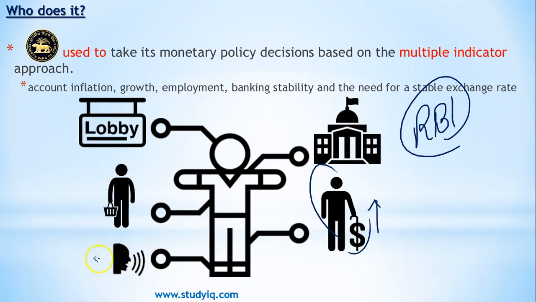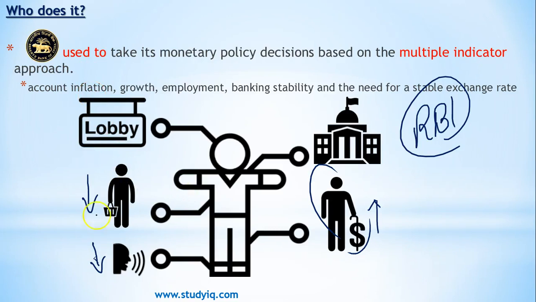So they would prefer the interest rate to come down. For a consumer, of course, every one of us would be more than happy if by the end of the month we can save some money, if the prices of the things that we normally purchase are down.